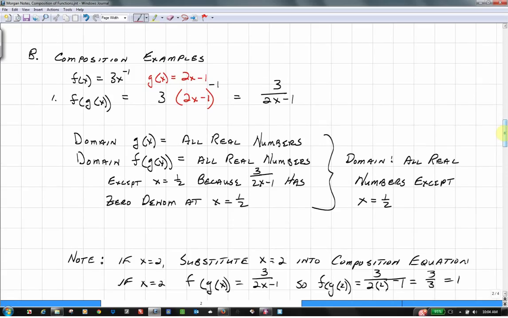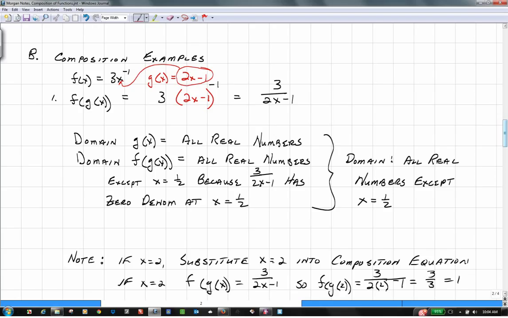So the first example I have is f of x equals 3x to the minus 1, and g of x equals 2x to the minus 1. What I want to do is the composition of f with g of x. So I'm putting g of x into f of x. In place of the x, I took this whole g of x and put it into that x.